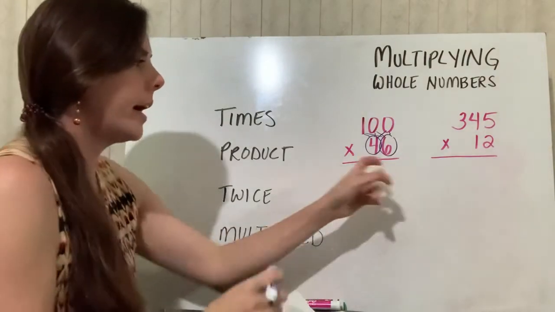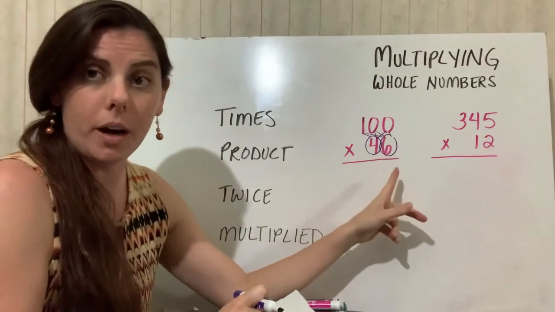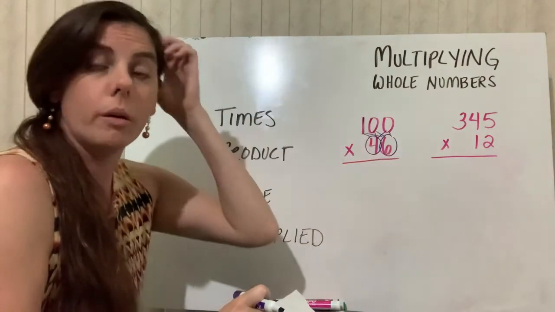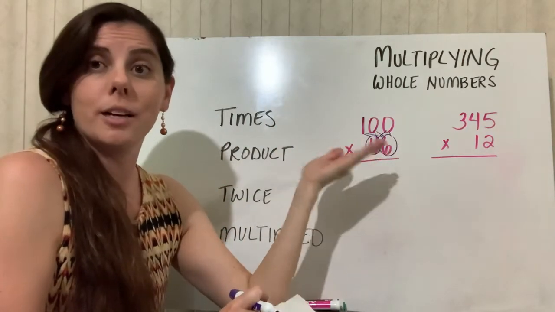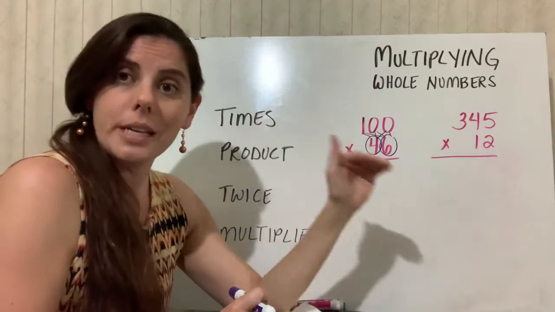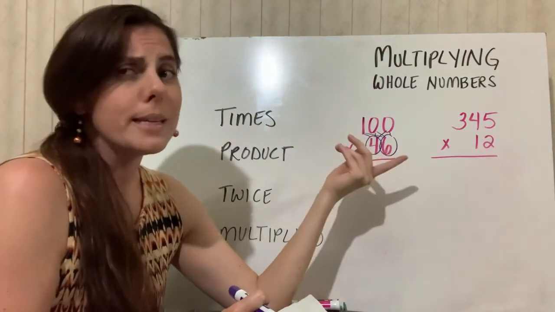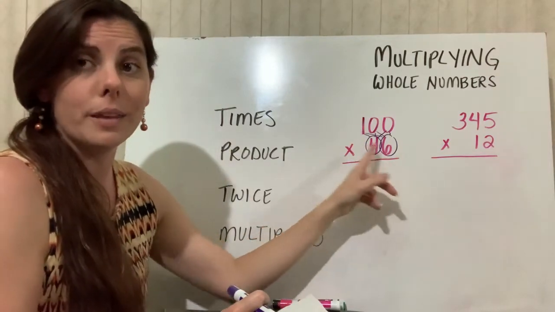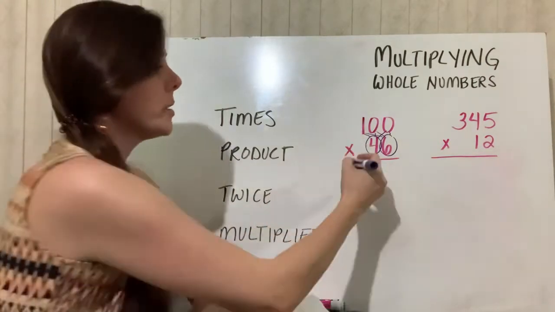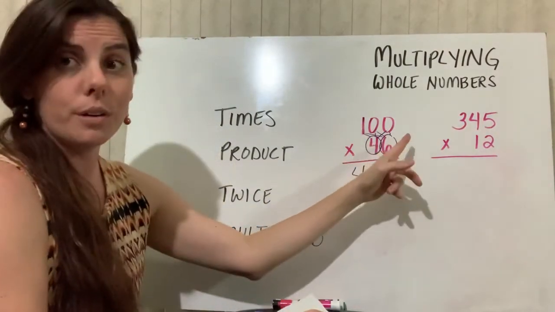So we're kind of distributing each place value on the bottom to each place value on the top. Now something that's nice with tens, hundreds, thousands, your nice even numbers is when you have a bunch of zeros, basically all you're going to do is multiply the number out front by this bottom number. So 1 times 46 is going to be 46. And how many zeros are there? There's 2.